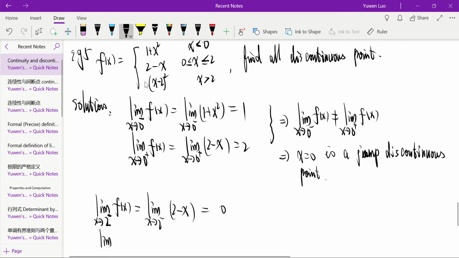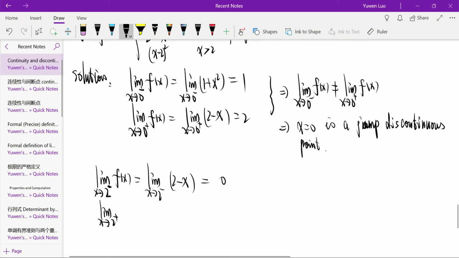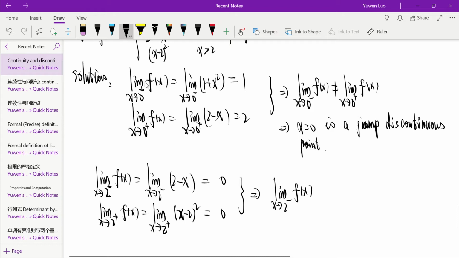And from the right, f(x) is (x minus 2) squared, so that is 0. So the left limit equals the right limit.